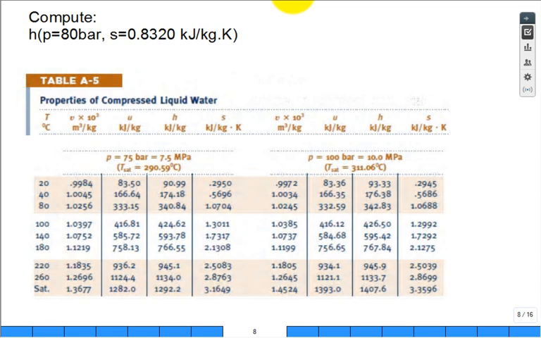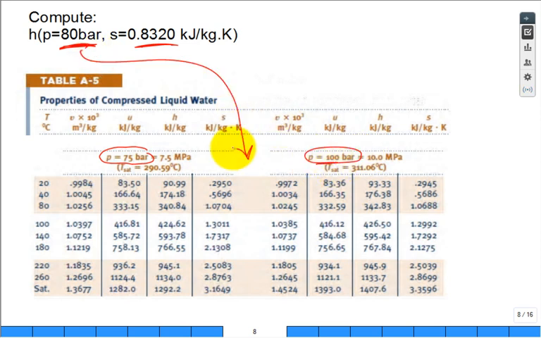But let's say I do want you to go in and at 80 bar, at that S, which was for this problem, you would come in here and say, well, I wish it was 75 bar, or I wish it was 100 bar. But because it's 80 bar, I can do an intermediate first interpolation to create a little subset, a pressure table at 80 bar. And in there, I can figure out where this S is.